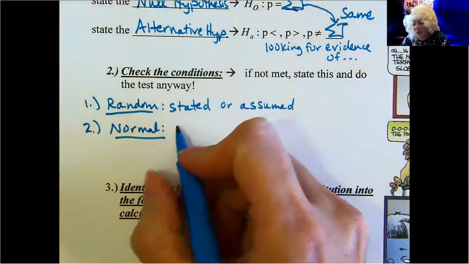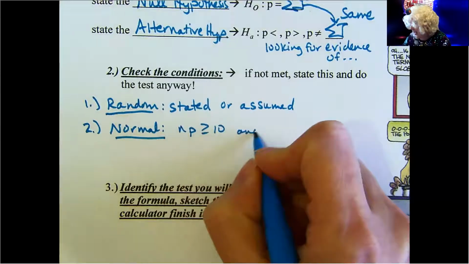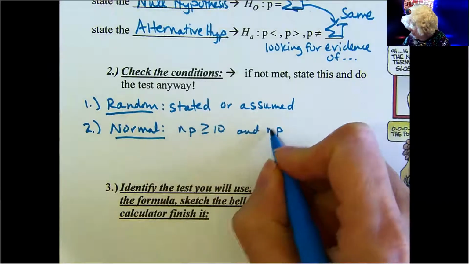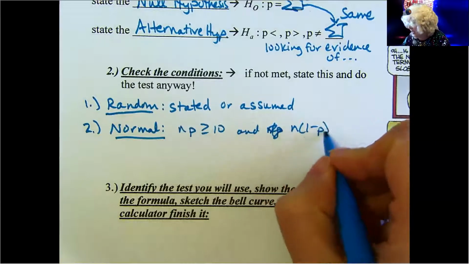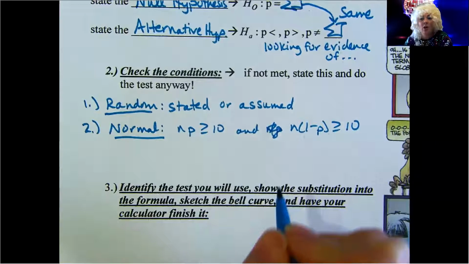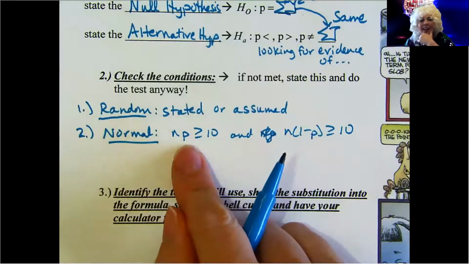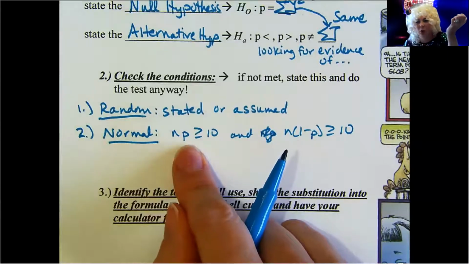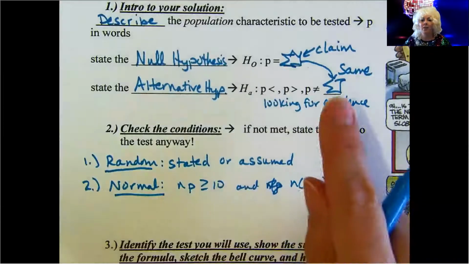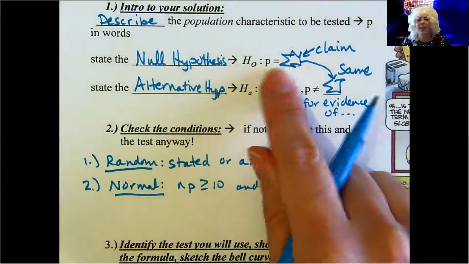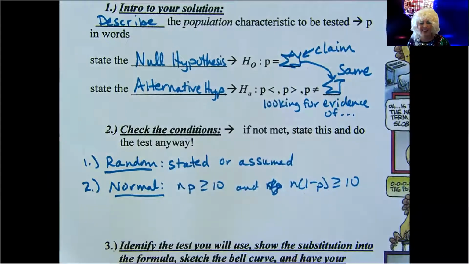All right, so your normal check is going to be np greater than or equal to 10 and n times, messed up, getting ahead of myself, n times 1 minus p greater than or equal to 10. When we were doing intervals a couple days ago, this check had p hats on it, because we didn't know what the truth was. But now we have a truth statement. We know what p is from the claim, so we can go back to using p instead of p hat here.